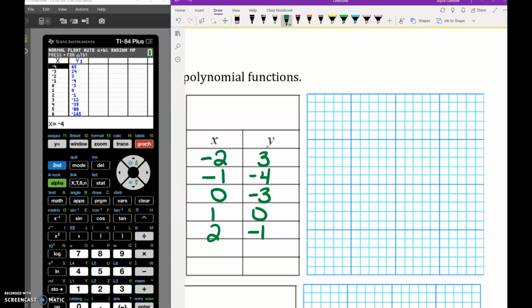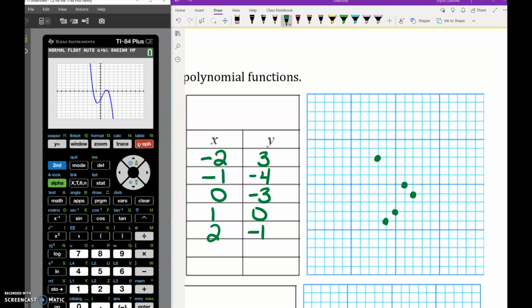So -2, 3, -1, -4, 0, -3, 1, 0, 2, -1. Okay, so this is definitely a weird connect the dots. Having the picture in the graphing calculator can definitely help you in how to connect these dots.